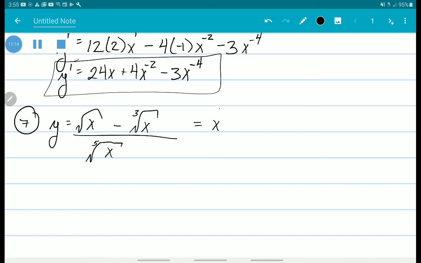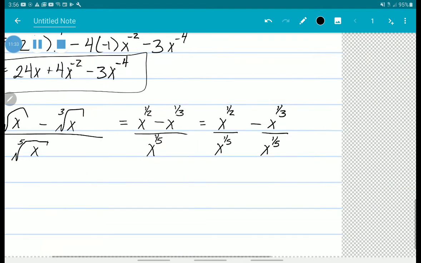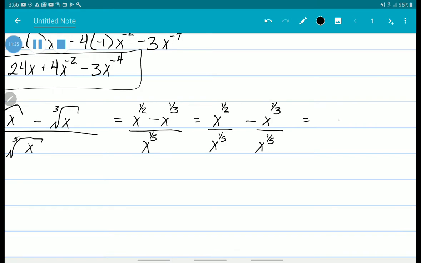So this is x to the 1/2 minus x to the 1/3 divided by x to the 1/5. And we can split that numerator. And then we need to simplify.